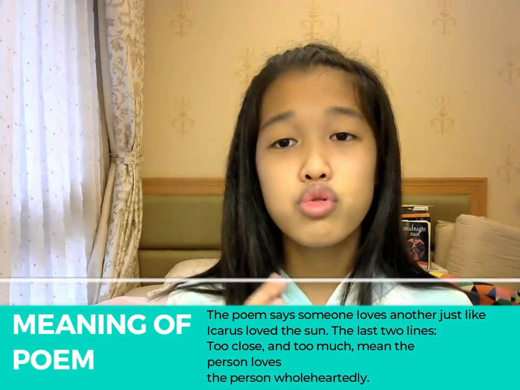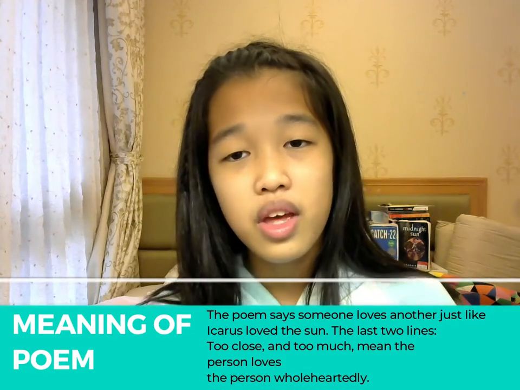So the poem says someone loves another, just like Icarus loved the sun. So in the poem, it talked about Icarus loving the sun and how he flew too close to it. And so the last two lines, too close, too much, means the person loves the person wholeheartedly.